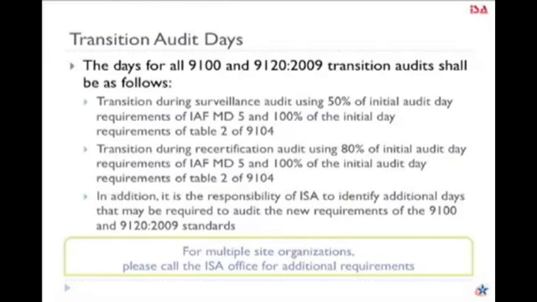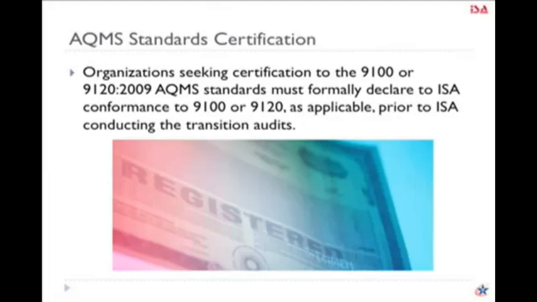If you are a multiple site organization, please call the ISA office for additional requirements. Organizations seeking certification to the 9100 or 9120-2009 AQMS standards must formally declare to ISA conformance to 9100 or 9120 prior to ISA conducting the transition audits.